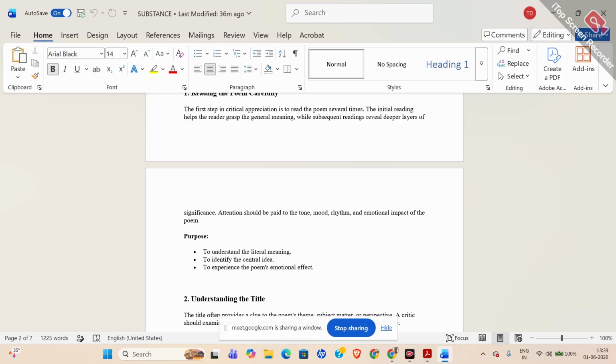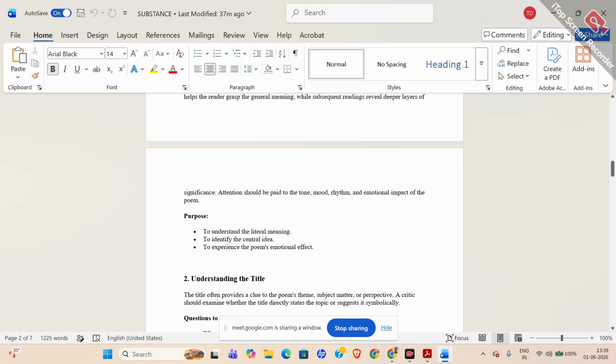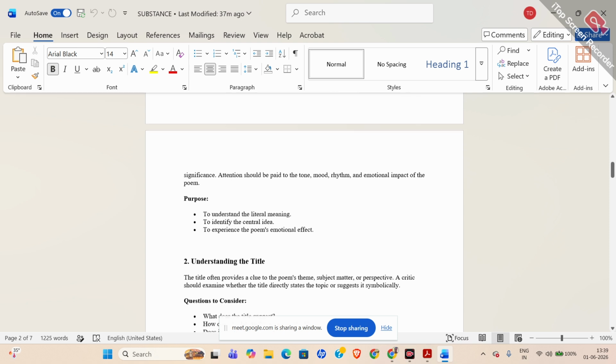But suppose we are reading the poem 3 times, 4 times, 5 times, then gradually more and more our mind becomes open to its understanding, to its appreciation. So subsequent readings reveal deeper layers of significance.